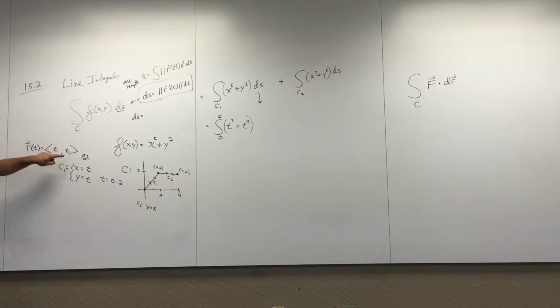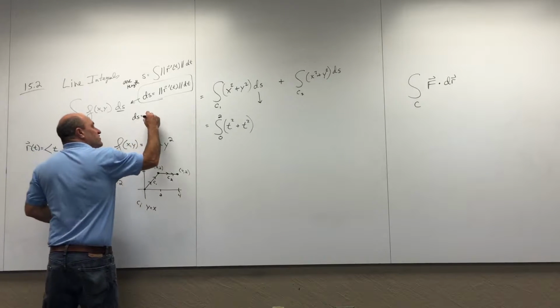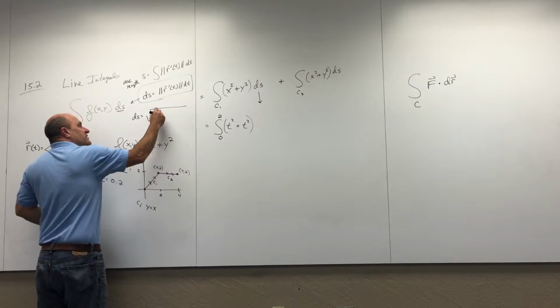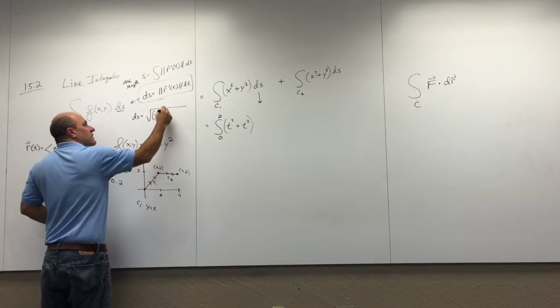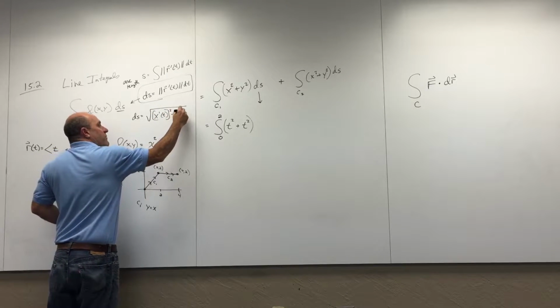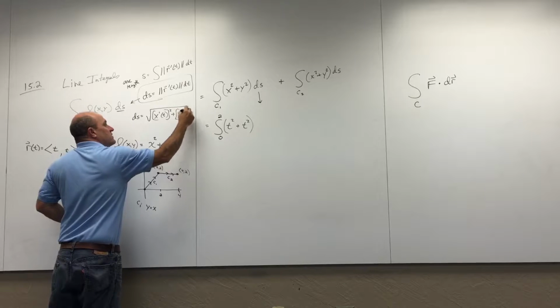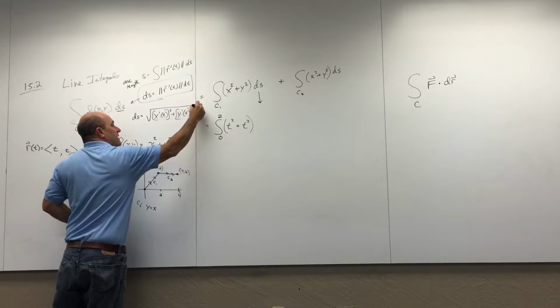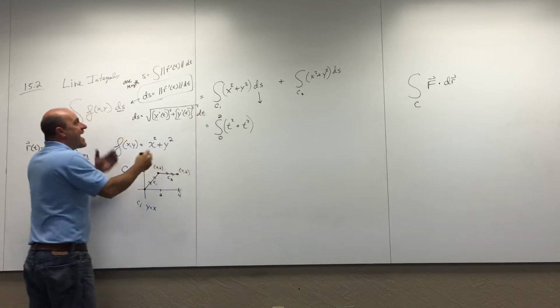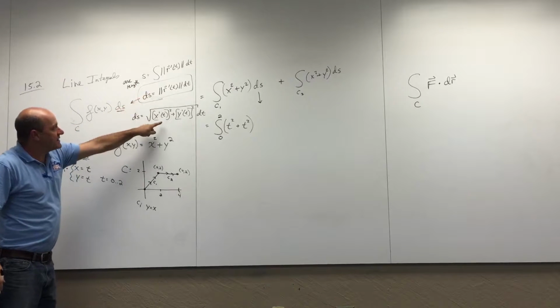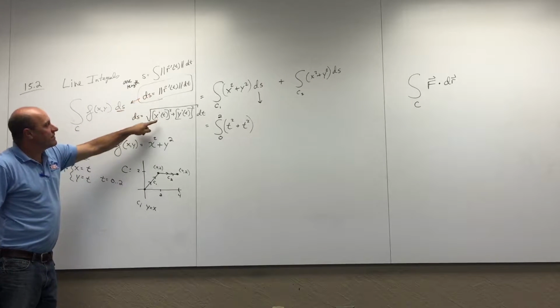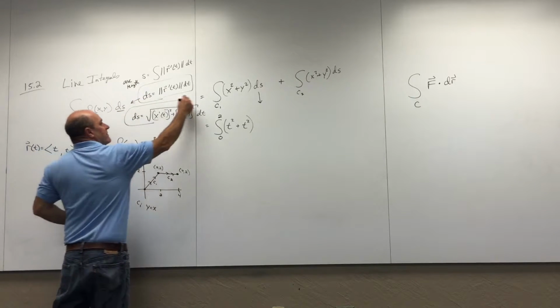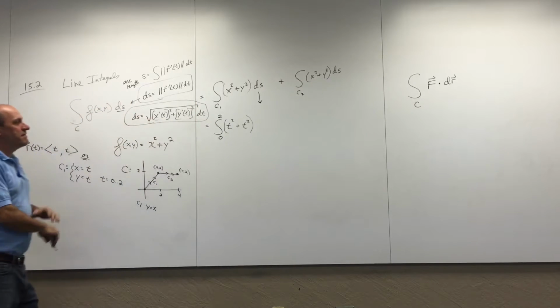And then the magnitude would be the square root of x prime of t squared plus y prime of t squared, dt. Are you guys okay? That's what that is.